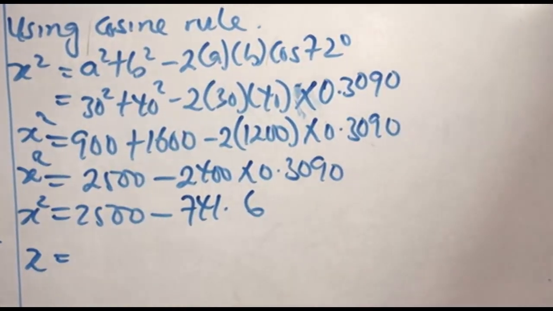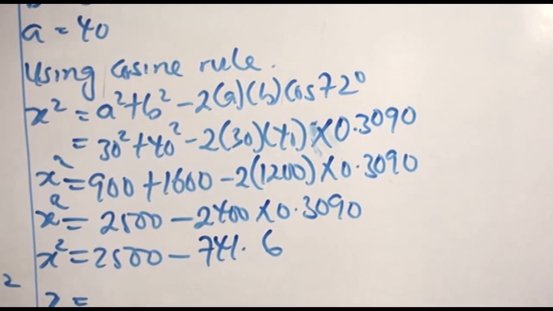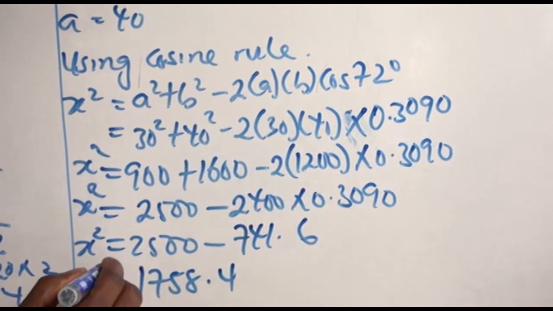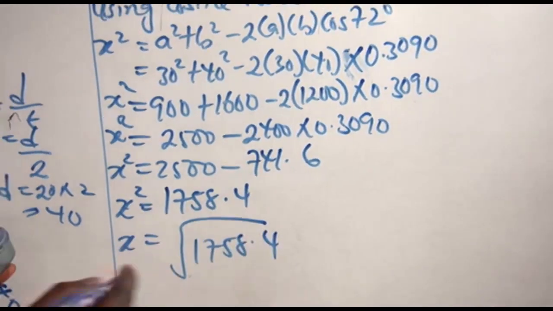When we subtract this from 2500, we get 1758.4. Then the square root of this is going to give us our distance apart.